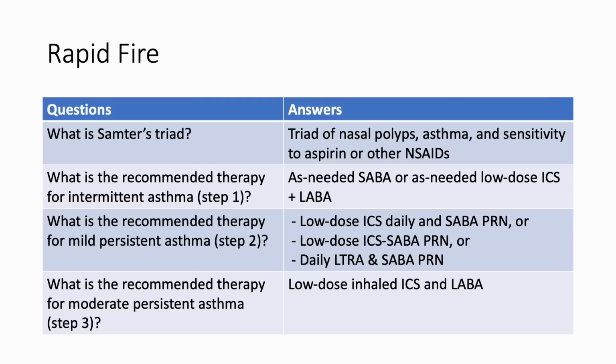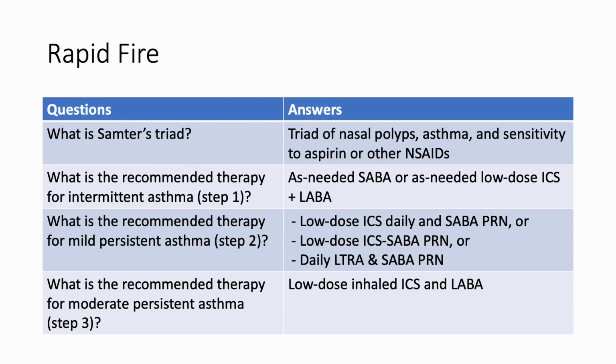What is the recommended therapy for mild persistent asthma? Low-dose steroid daily plus SABA PRN, or low-dose steroid plus SABA PRN, or daily leukotriene receptor antagonist and SABA as needed.